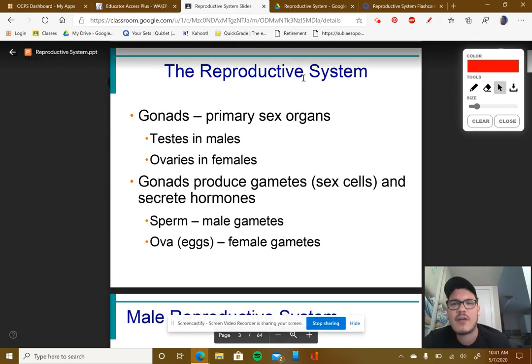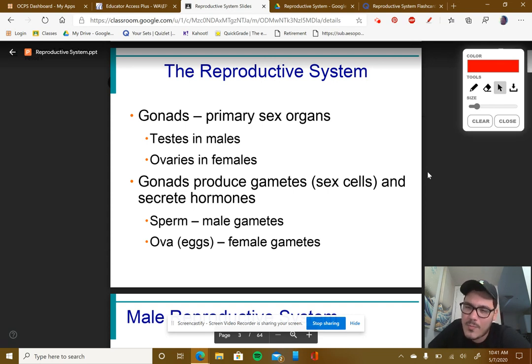So to start things off, when it comes down to the reproductive system, there are some primary organs that we need to know. The primary sex organs are called gonads. I mentioned this back in endocrine system. I said that the gonads are these sex organs.